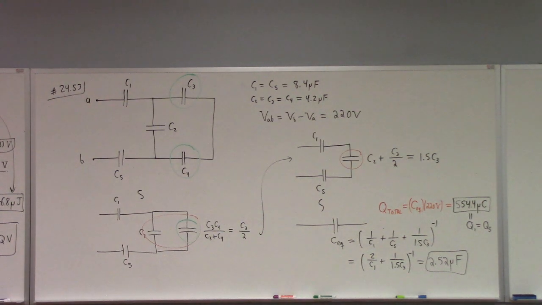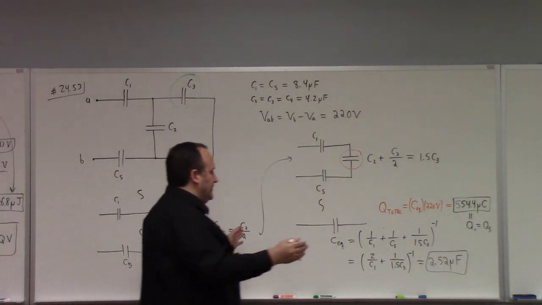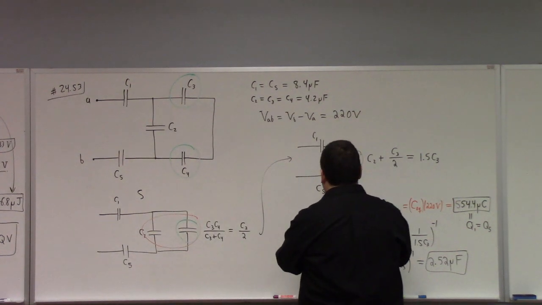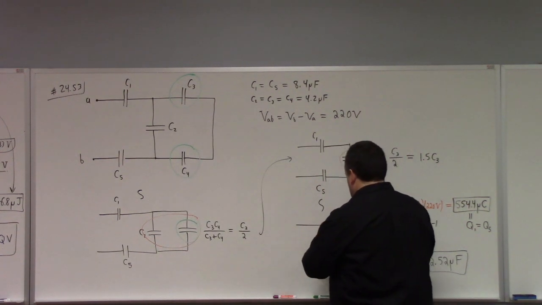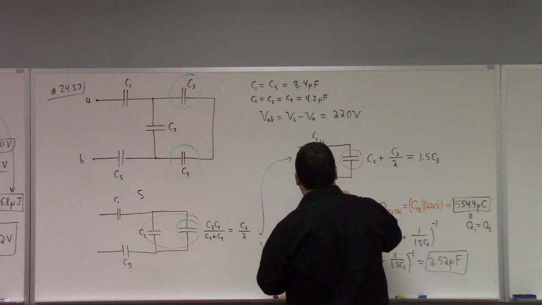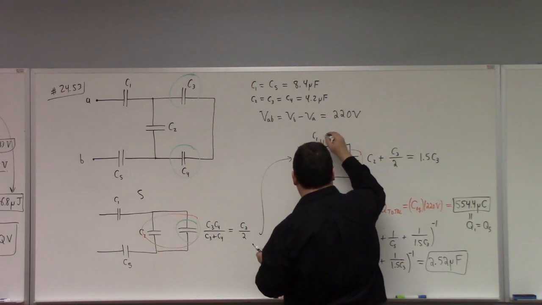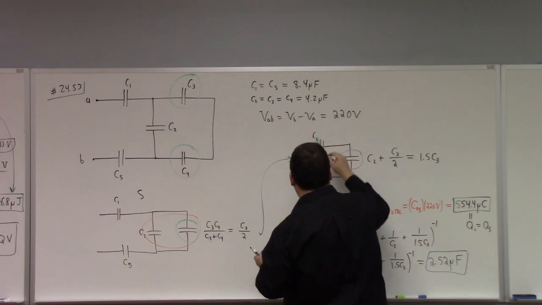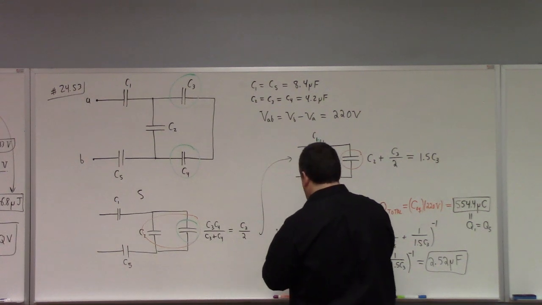Yeah, Q1 is 550, and Q5 is 550. All right. It actually didn't ask for the total charge, right? But remember that the charge on the equivalent capacitor, in some sense, you can look at it like this. I've got Q, I've got minus Q, right? And in some sense, that's this Q and this minus Q, right?